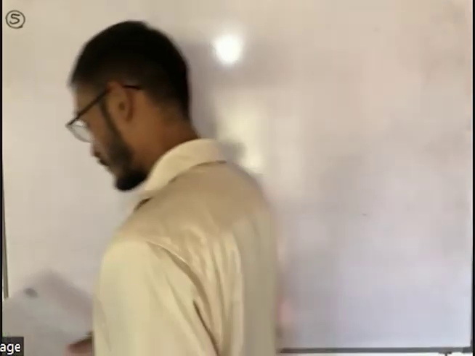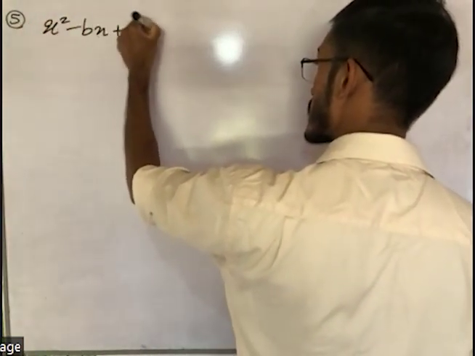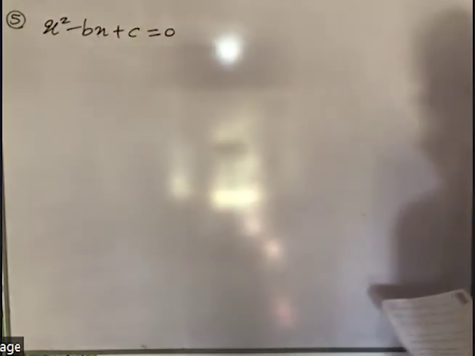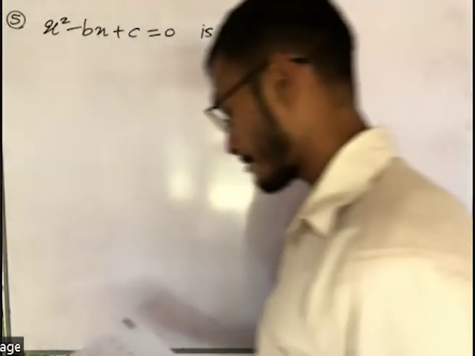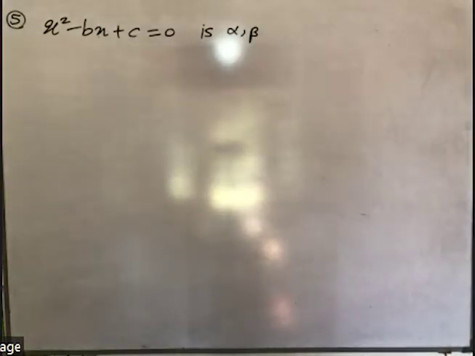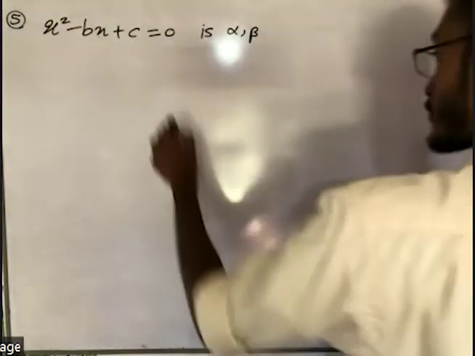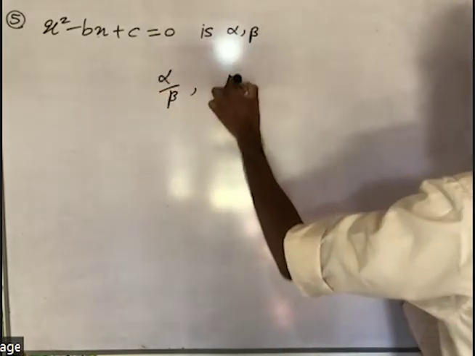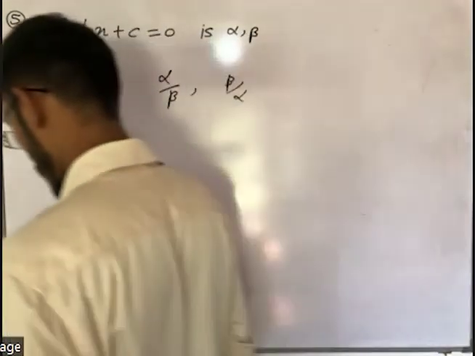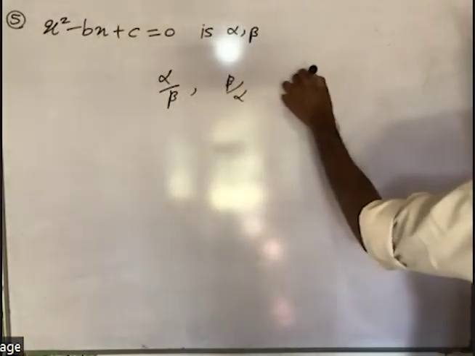Write down: if the roots of the equation x square minus bx plus c equal to 0 are alpha comma beta, then find the quadratic equation with roots alpha over beta, comma, beta over alpha in terms of b comma c.